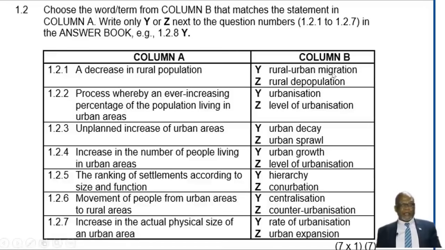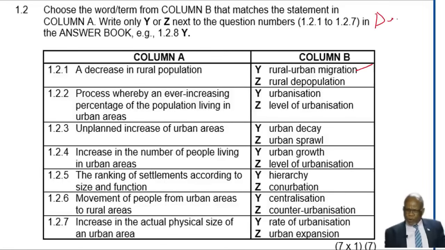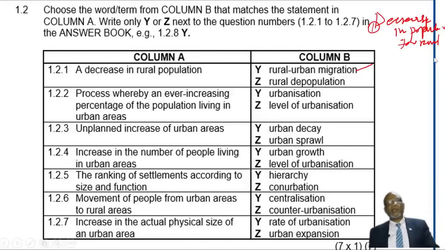So rural-urban migration is going to result in a decrease in the population in rural area. What do you call that?